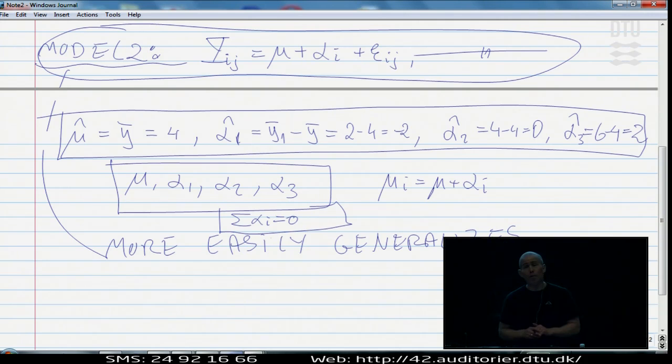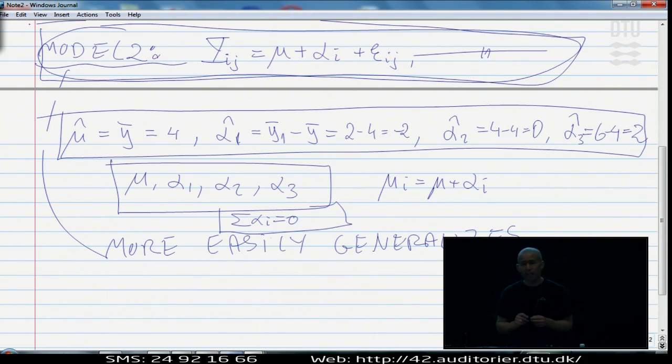However, different restrictions could be used in telling the story. The challenge is not just a mathematical thing that we could forget about, because the software will all use the more general way of expressing such a model, and different software will use different ways of telling the parameter story and different restrictions.